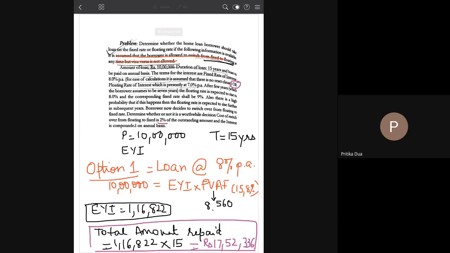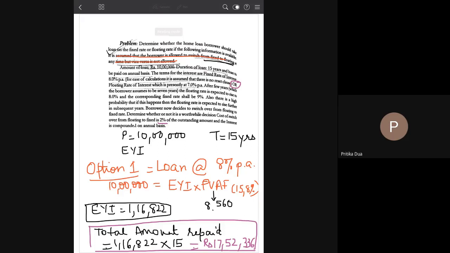Okay. Now, for this, the bank will be charging a 2% switching cost on the amount outstanding at the end of the seventh year. So, we had to guide the borrower as to which option should be chosen.